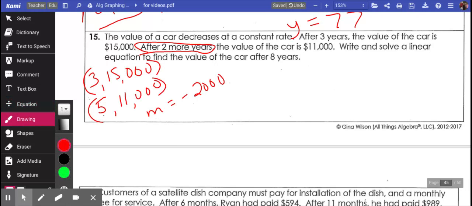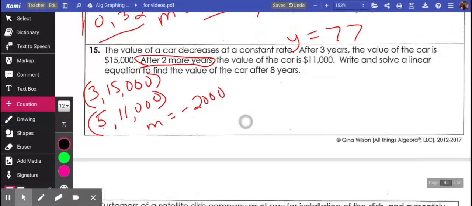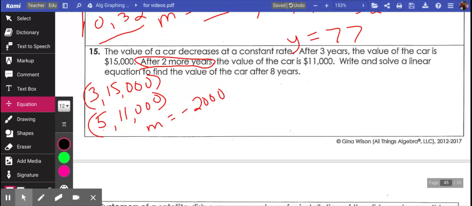So I thought people might mess up on this, so I wanted to draw attention to this. 3 years, $15,000. And then it says after 2 more years. So now it's 5 years, not a 2. And then your slope should be negative 2,000.